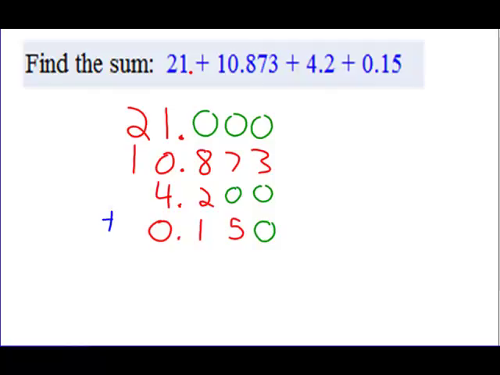So now I add up each column, just as you do normally, and your decimal point comes straight down. So this first one, 0 plus 3 plus 0 plus 0 is 3. 7 plus 5 is 12. Carry the 1. 8, 9, 10, 11, 12.